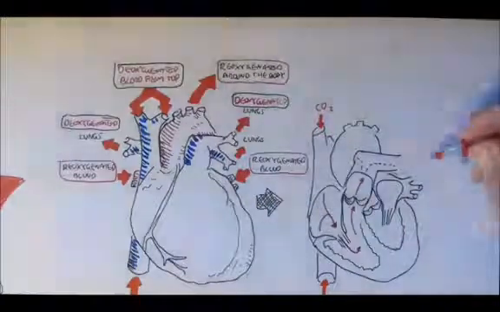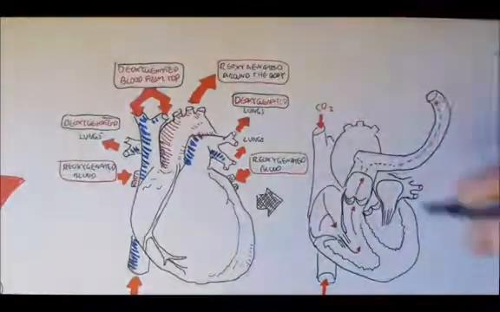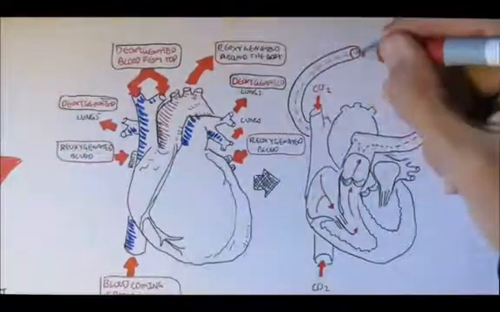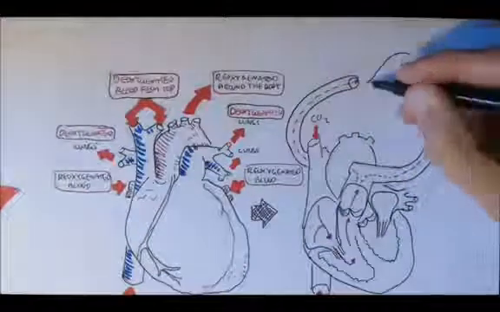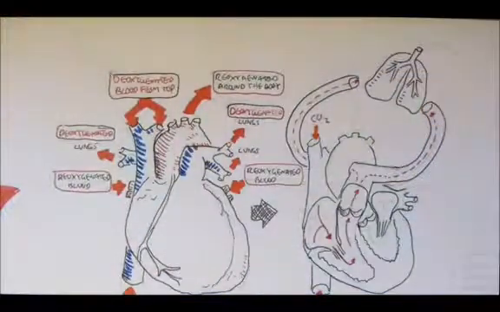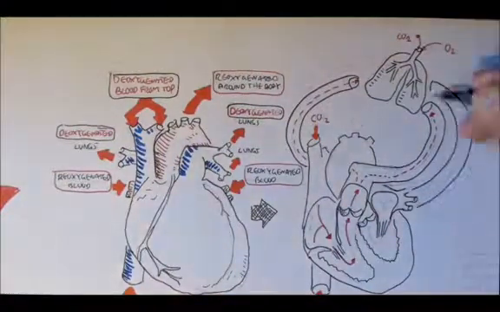So it will go to the lungs. This deoxygenated blood, still full of CO2, will go towards the lungs. And in the lungs, we will typically inhale oxygen and we'll exhale CO2. So we will exhale CO2 and we will inhale oxygen to replenish our blood's low oxygen supply.